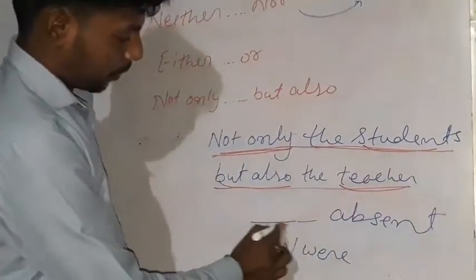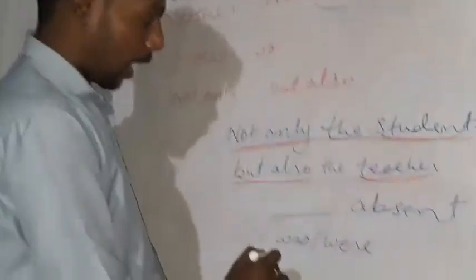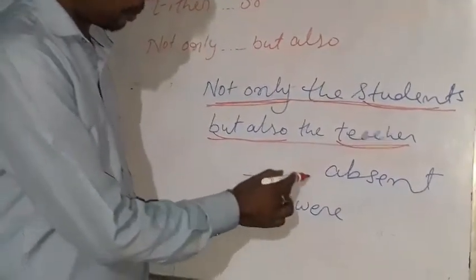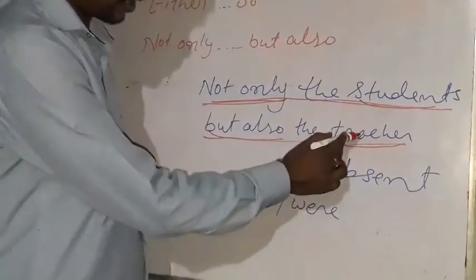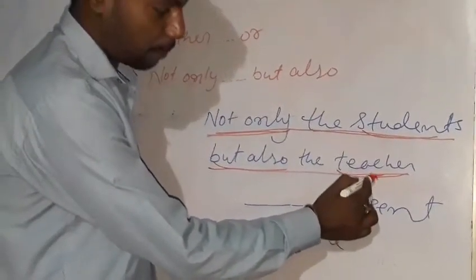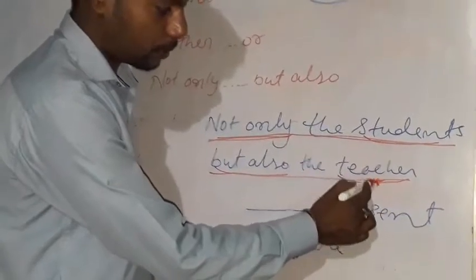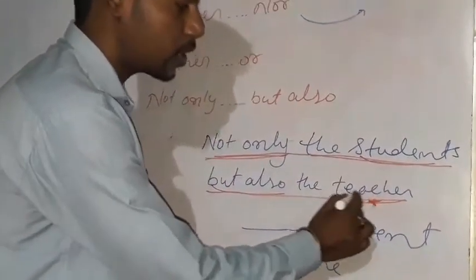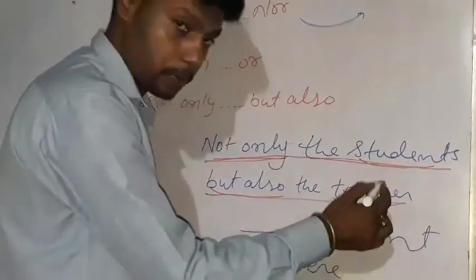Here is the place of verb, and you have to decide which one is closer to it. Teacher is closer, and it is singular. Teacher is singular, teachers is plural.